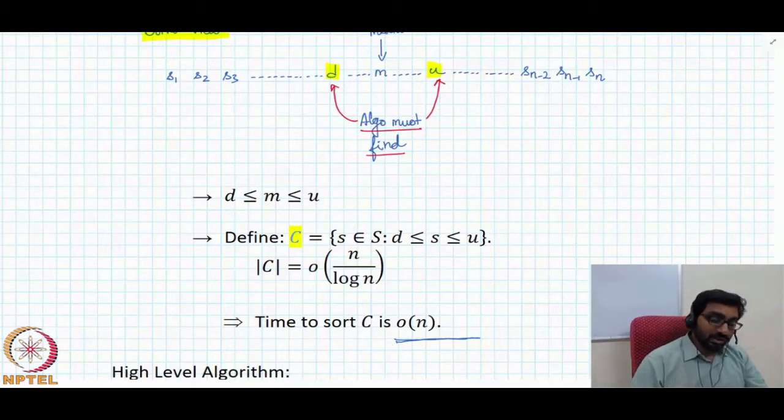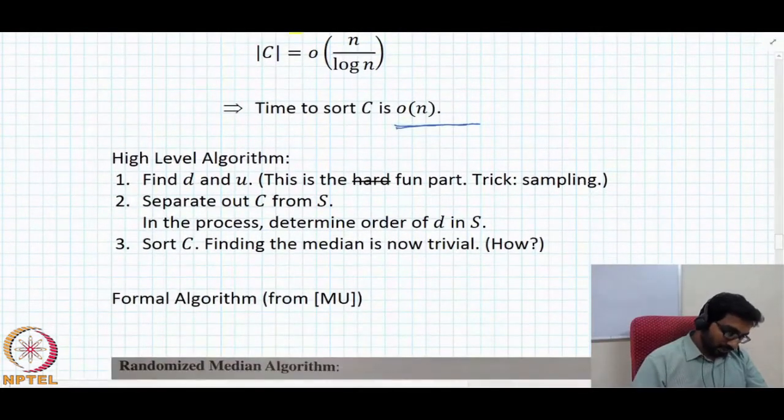These are the requirements. Now, suppose we're able to find these elements, then we can find the median, and here's how that will work. Let's say we're able to find the D and U as we require.